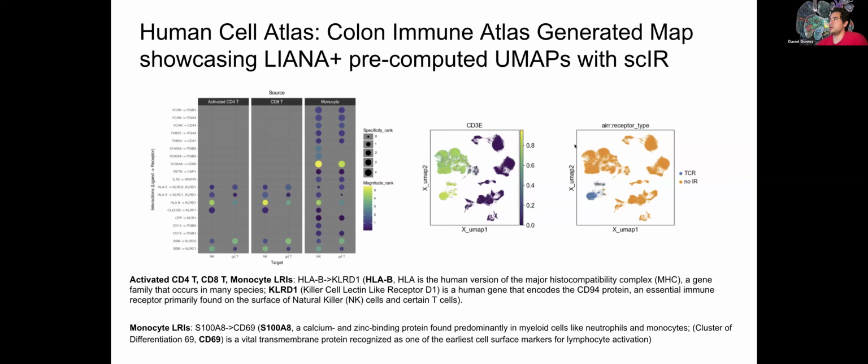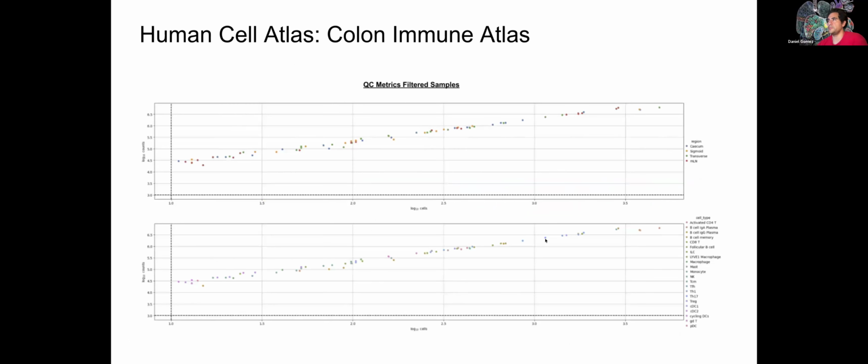So the AIRR part of scIR is able to detect the T cell receptors in blue here. And then in orange, you see there's no immune receptor, so there's no BCR or TCR. But in blue, we can see the TCR, and that's in the single cell immune receptor.